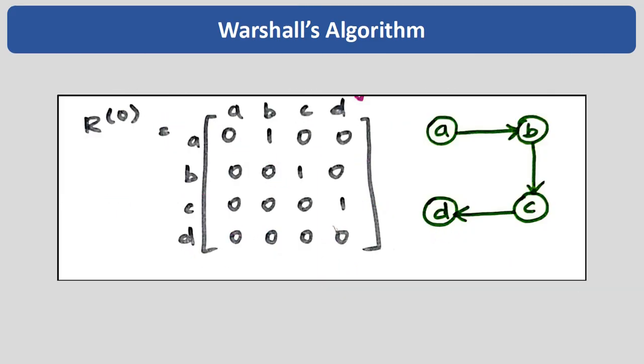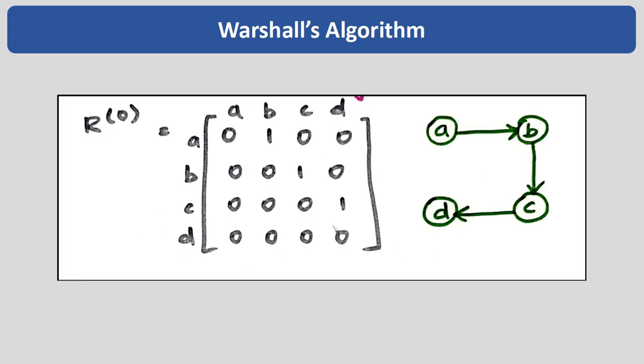Now let us start the process. So this is the initial matrix R0. So R0 is a matrix which is given or we will be constructing. So if the matrix is given, we have to construct a digraph. If the digraph is given, then we have to construct the matrix. So it is a matrix of Boolean values, only 0 and 1.